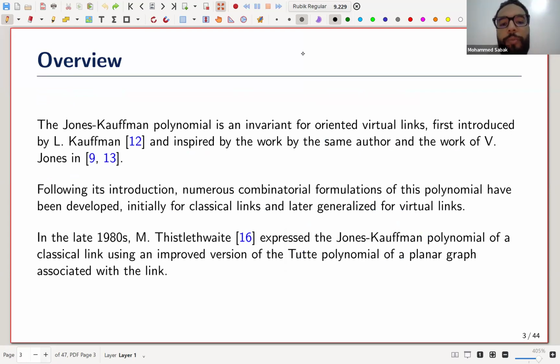The Jones-Kauffman polynomial is an invariant of oriented virtual links. It was introduced by Kauffman, inspired by his previous work together with the work of Jones. There have been a lot of combinatorial formulations for this polynomial through the years. The first attempt was by Thistlethwaite in the late 80s, where he gave an expression of the Jones-Kauffman polynomial for classical links using an enhanced version of the Tutte polynomial.